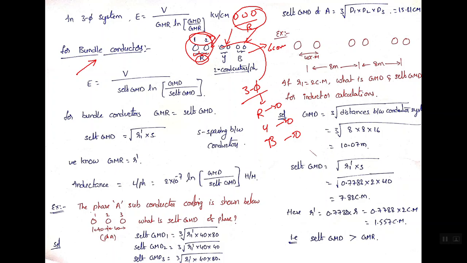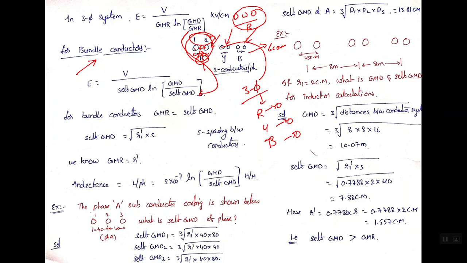And here in one phase we have 2 conductors, which means we have self inductance between these two. We have self inductance, so we have self GMD between these two. So we have to replace this GMR with self GMD.